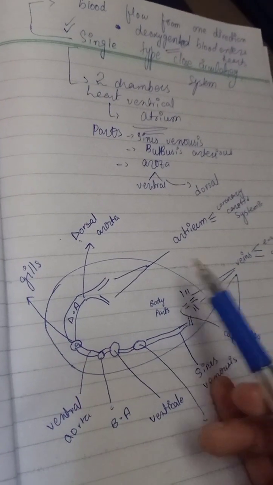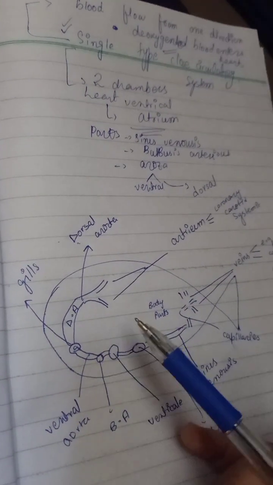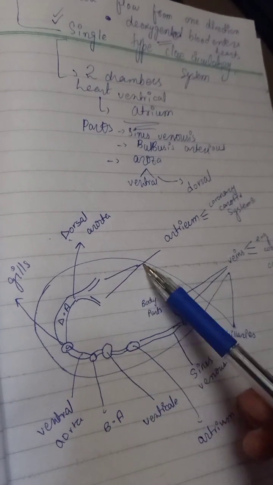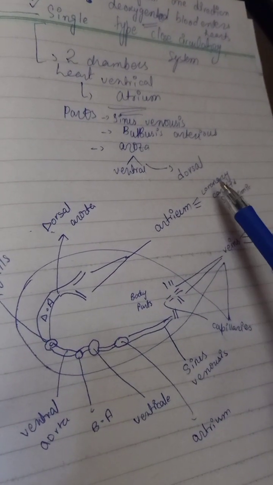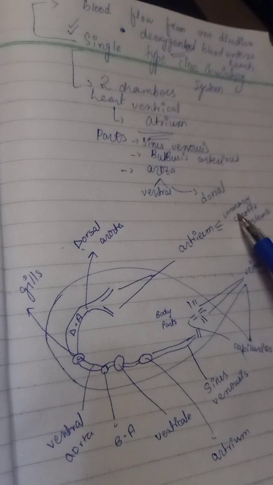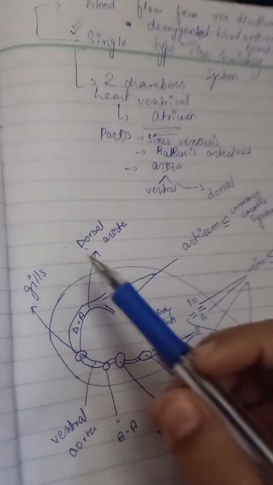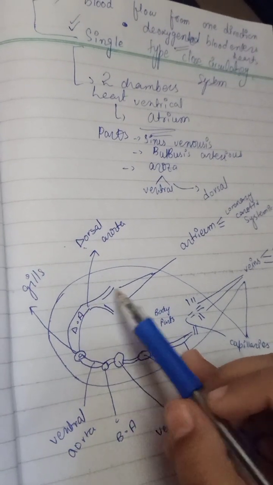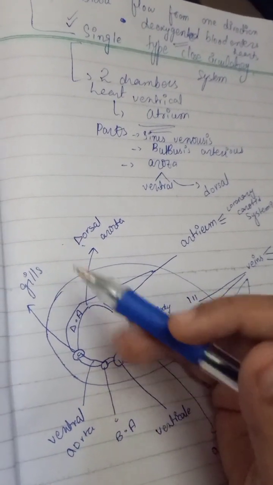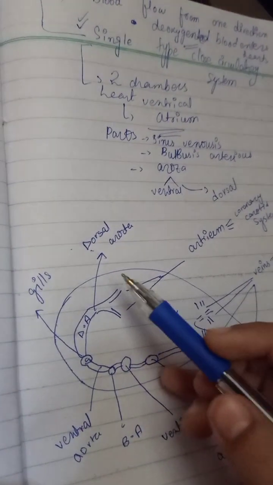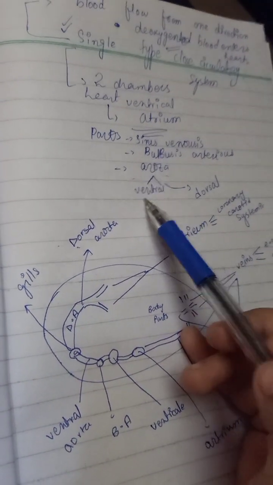Here you can see I have made a diagram of the fish. This is the atrium, and these are arteries, for example coronary artery, carotid artery, caudal artery, systemic. There is a dorsal aorta, which means upward. As you know, in the video I told you about ventral and dorsal.